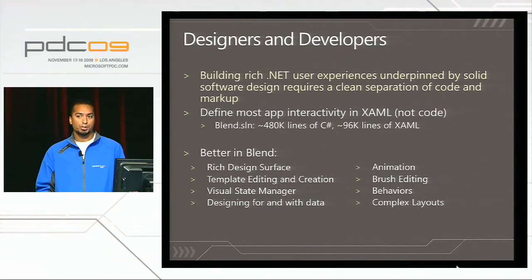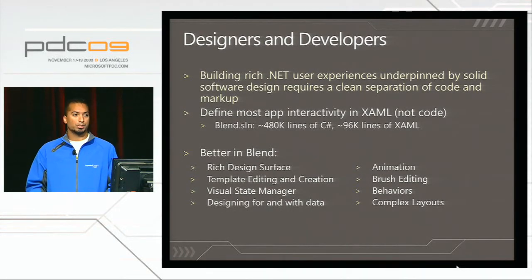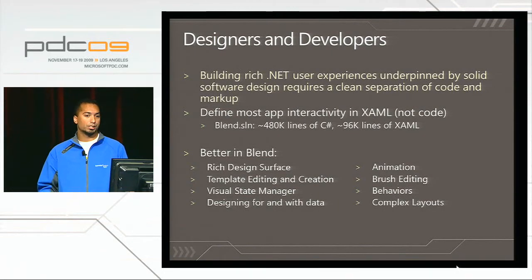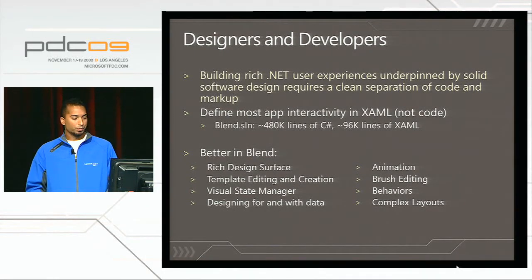So you actually build a lot of your interactivity and bind to data objects directly from XAML itself. And if you're building more and more XAML, sometimes it makes sense to do some of your XAML work inside of a tool, especially if that work is visual or interactive in nature. Building it directly using Blend rather than hand editing it in Visual Studio or a text editor might make a lot of sense. Here's a quick example.